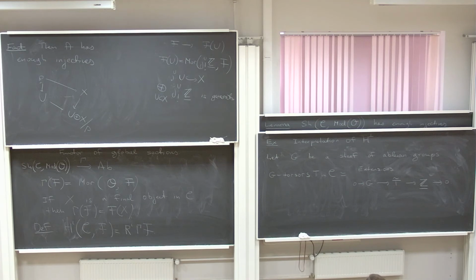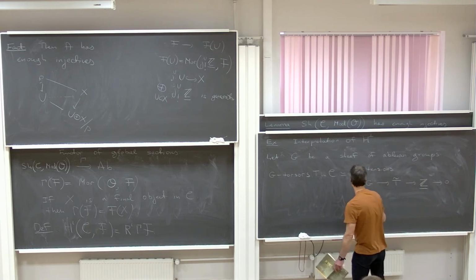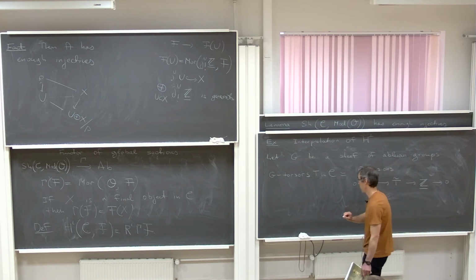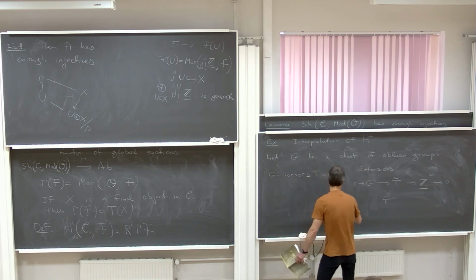The construction is the following. I will define for you the functor in this direction. So if you have T tilde, how do you define T?